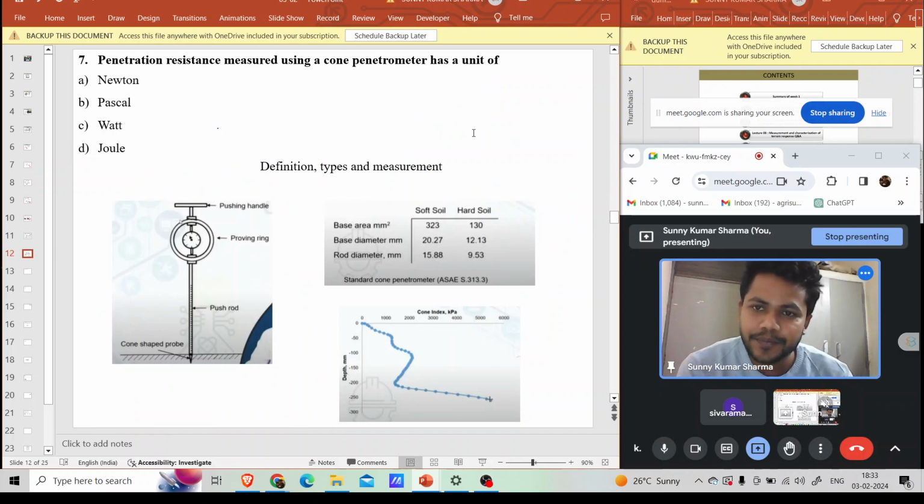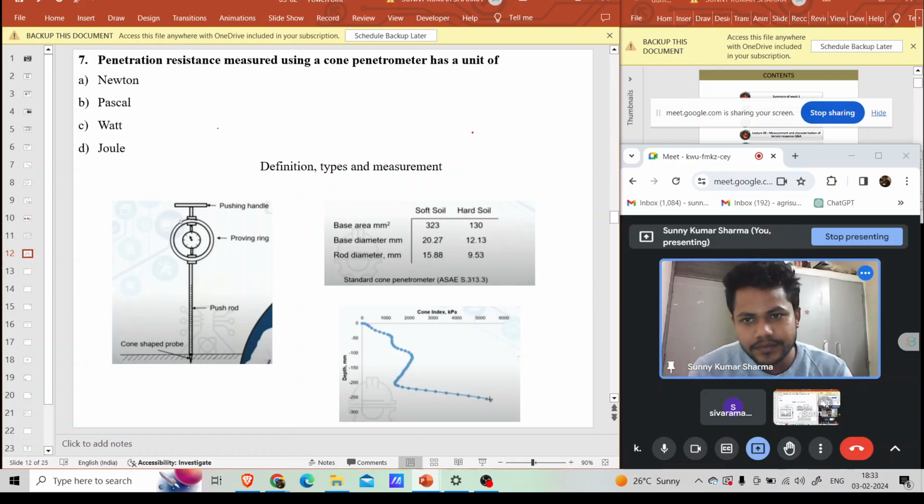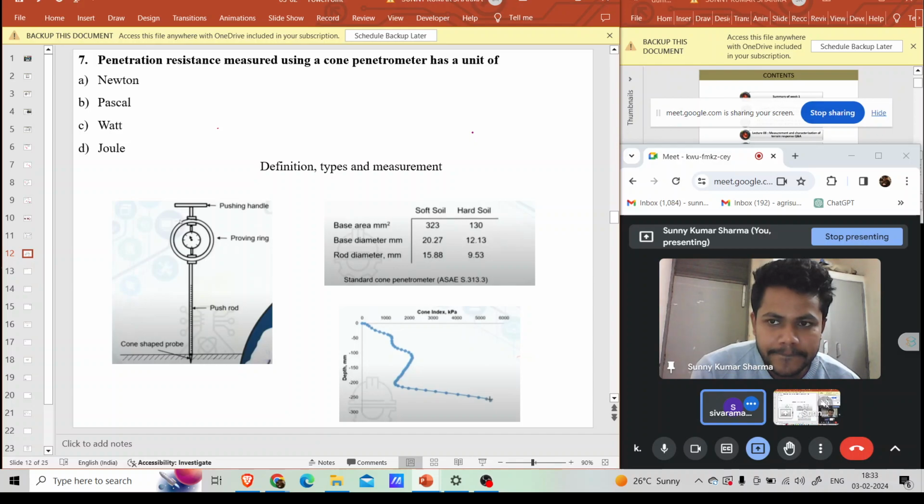Penetration resistance measured using a cone penetrometer has a unit of what? Any guess?